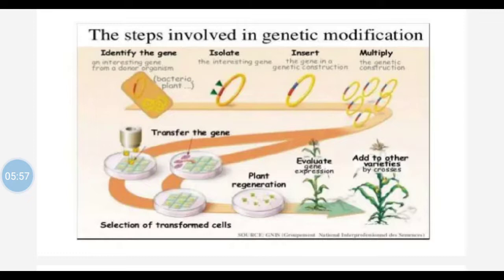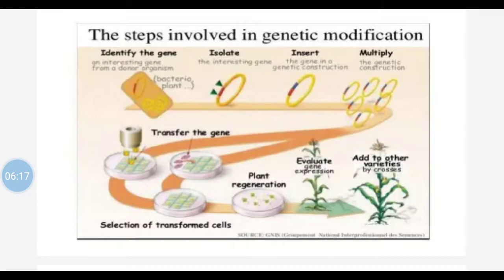Then it is to be isolated and the gene is inserted, that we call a genetic construction. Now this genetic construction will give rise to multiplication. It will multiply, isn't it?